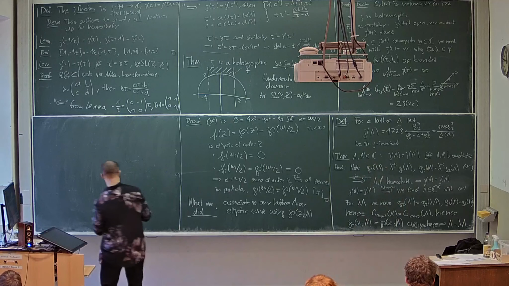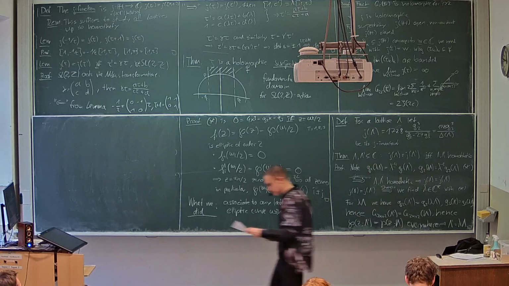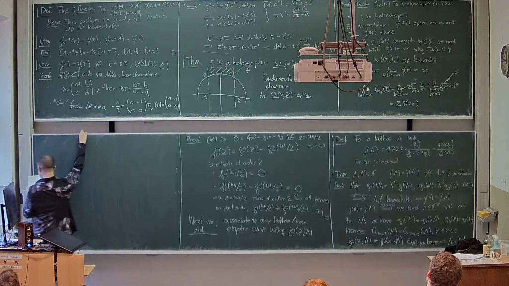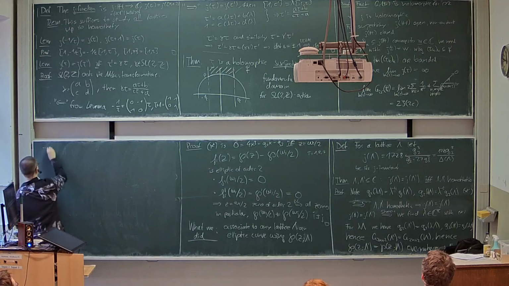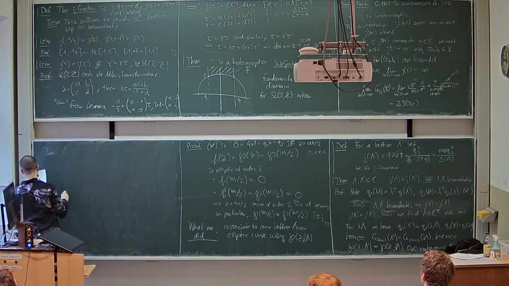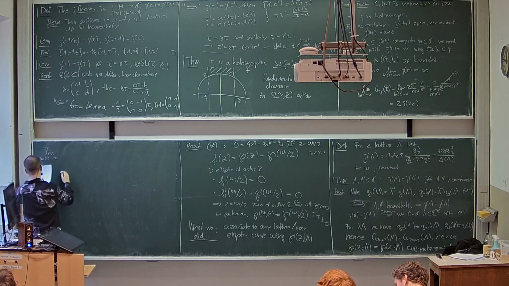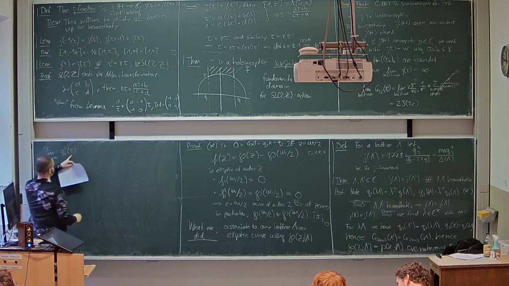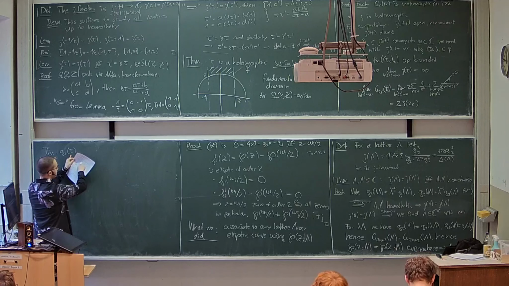Let me write this down. From this we get that the limit for imaginary part to infinity of g_2 of tau is just 120 times the Eisenstein series for 4.